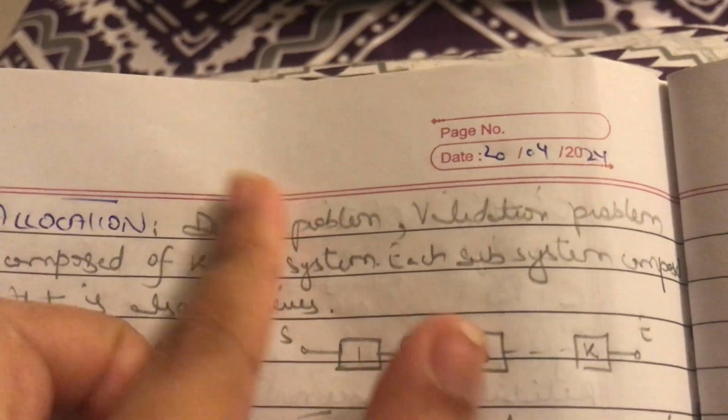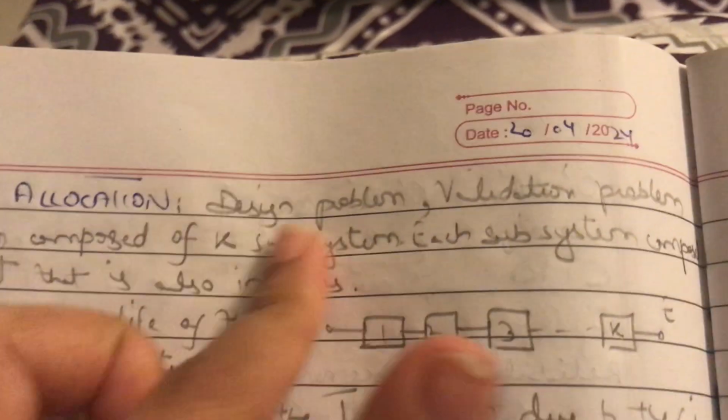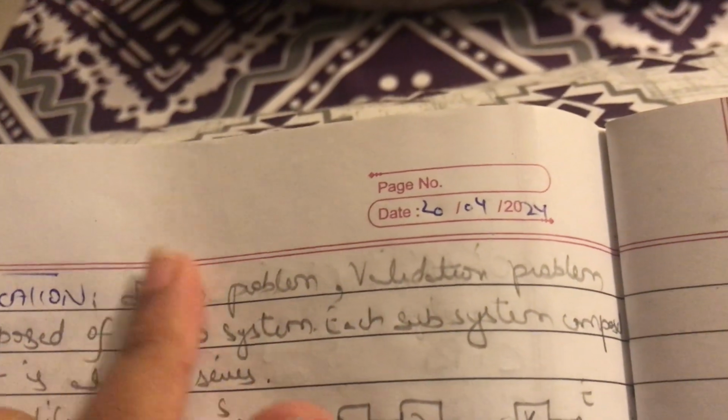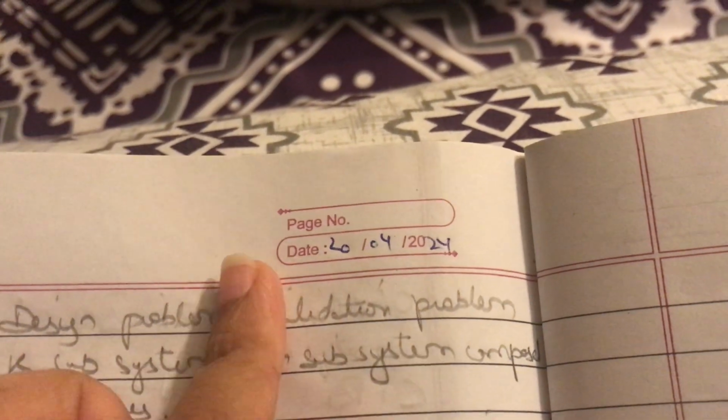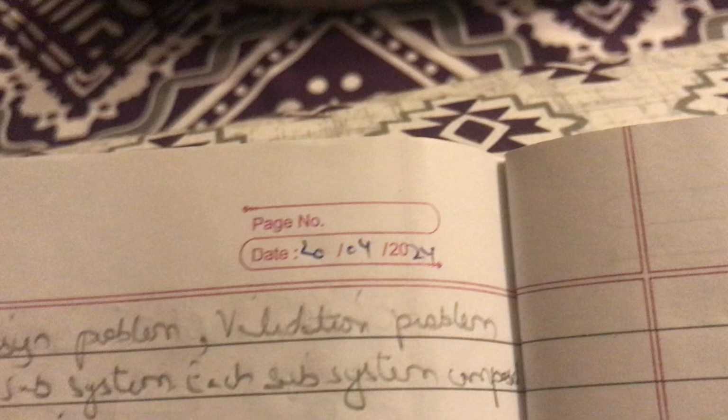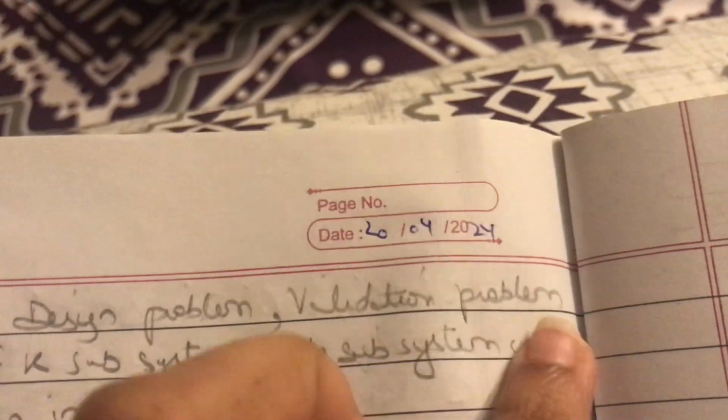We focus on our design, that is, what is the design of our circuit and how it's going to work. The other is the validation, that is, how much time that circuit would be validated and how much time it's going to fail.